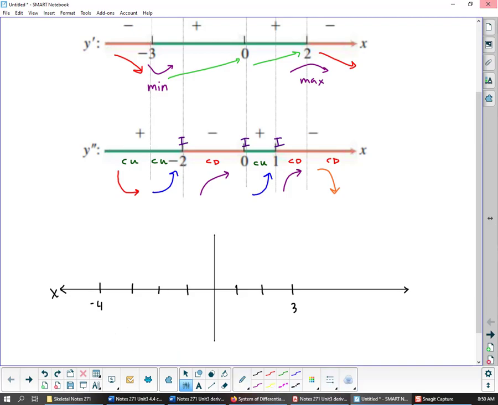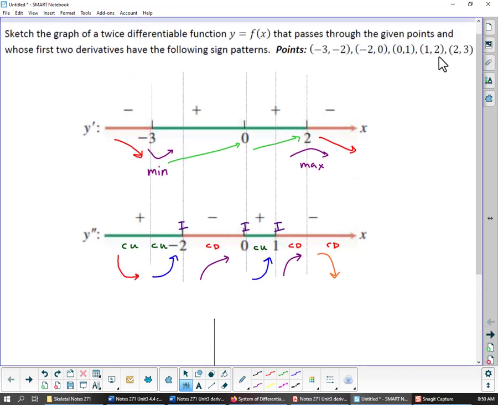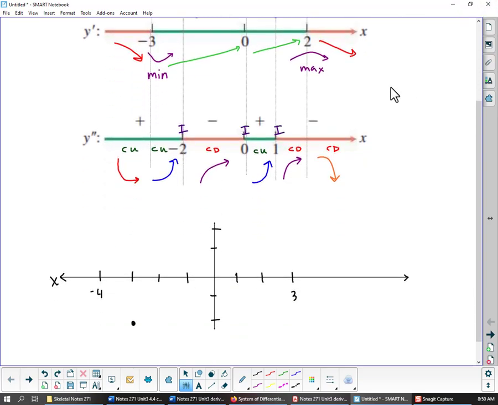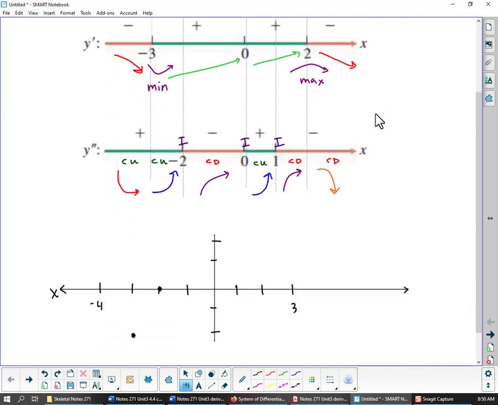Here's what we want to sketch, though. We have a couple of points. I'm going to plot those, and these are all reasonable. I've got -3, -2, and since they're reasonable, I'll put some points on here because I think they're all within 2 units. So -3, -2, here's one of our points that was given. Let's see what else we have. We have -2, 0, so over 2, 0. And then we have 0, 1, so over 0, up 1 is right here.